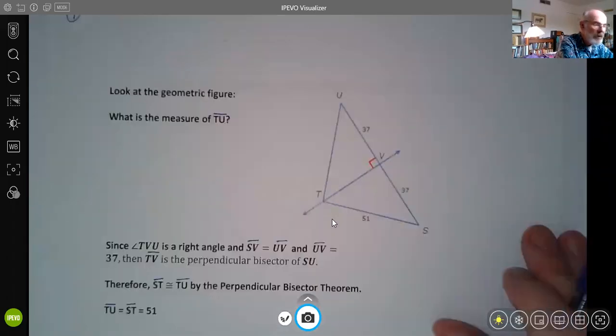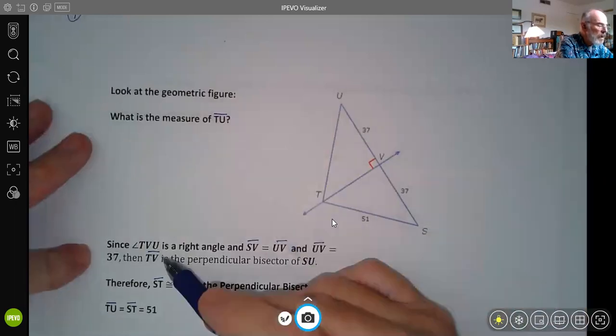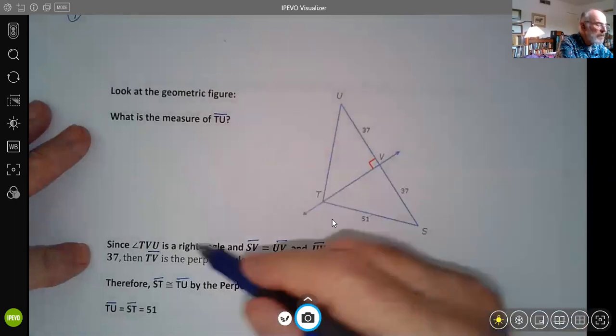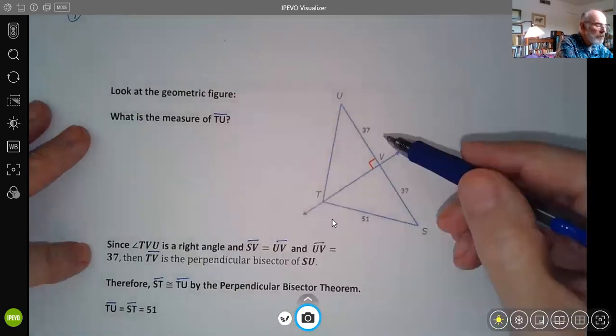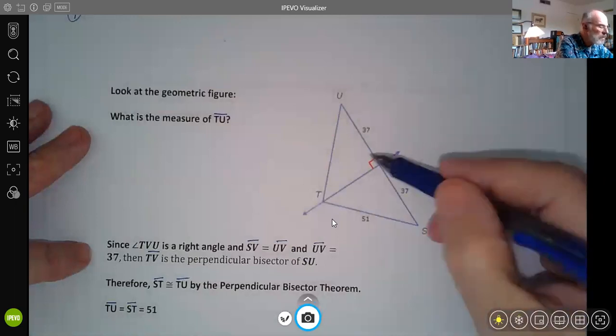So if you look at the figure, I've enlarged it. They go on to say, okay, since angle TVU is a right angle, well, where's TVU? TVU, it's this right angle right here that's being talked about.